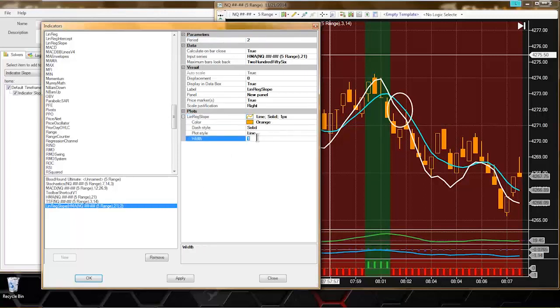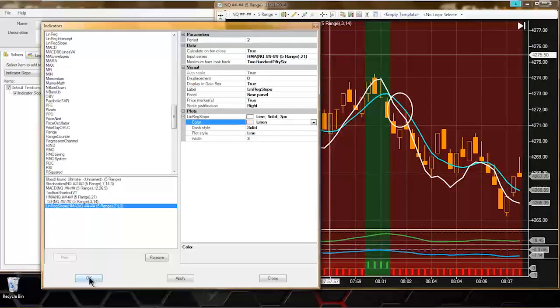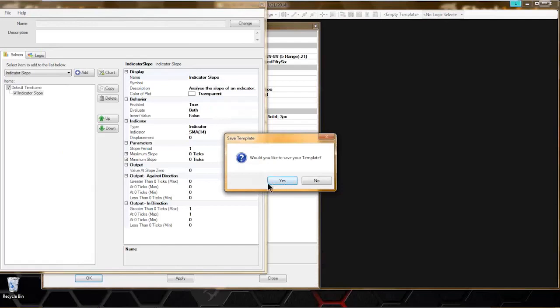Let's change the color here. We'll make it brighter. All right, so what I did is I opened up the indicator window and clicked OK. And of course NinjaTrader wants to refresh the chart, right?